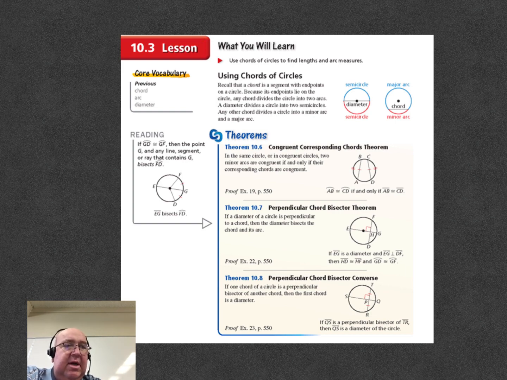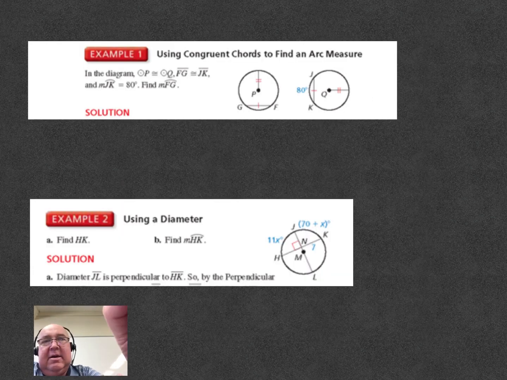So here we go. Alright, so here we have the circles are congruent and the chords are congruent. So GF is going to be 80 degrees.